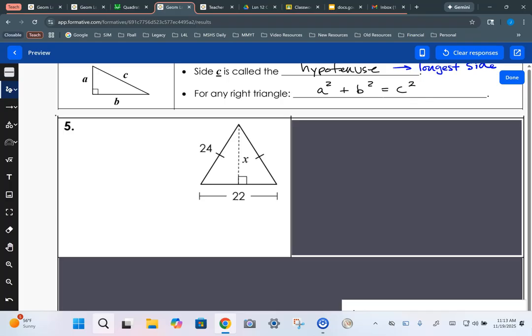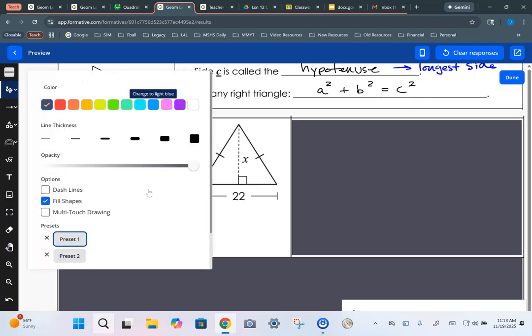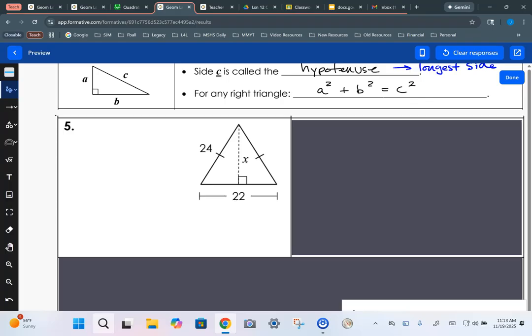So that's obviously our perpendicular bisector line, which is the altitude of the triangle, which means that our base is cut into two congruent parts, because our bisector line is going to cut that 22 into two congruent parts. And that's what you need to be able to recognize in order to use your Pythagorean theorem.